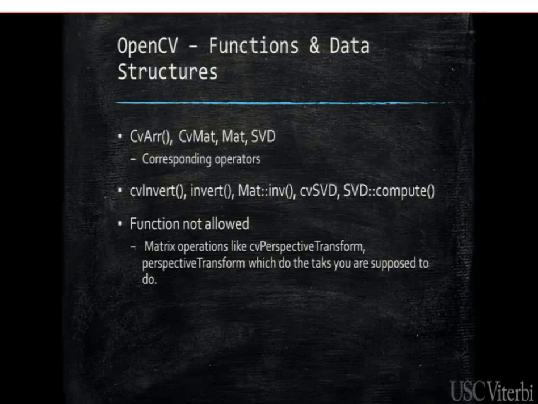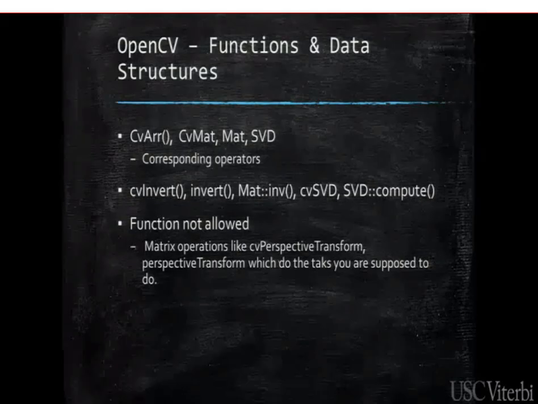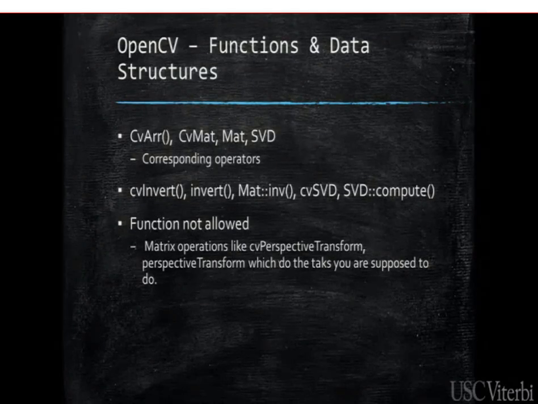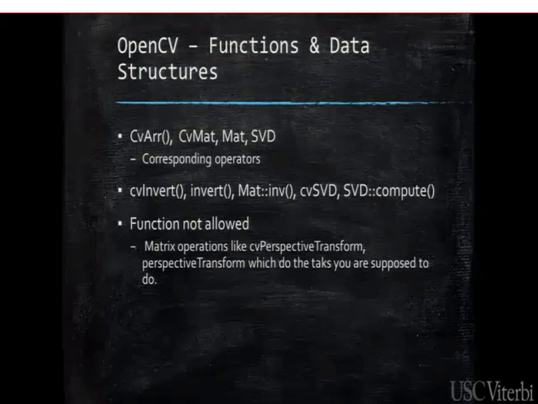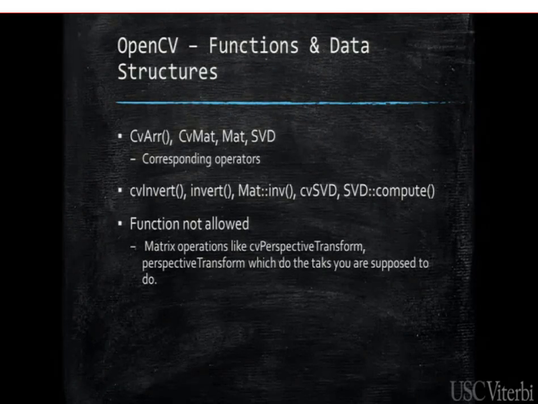Instead, you could use class Mat, which in terms of definition uses CV array internally, but that's okay. And you can use SVD. Why would you need SVD? You would need it if you attempt the bonus question for PCA. And you can also use the corresponding operators.